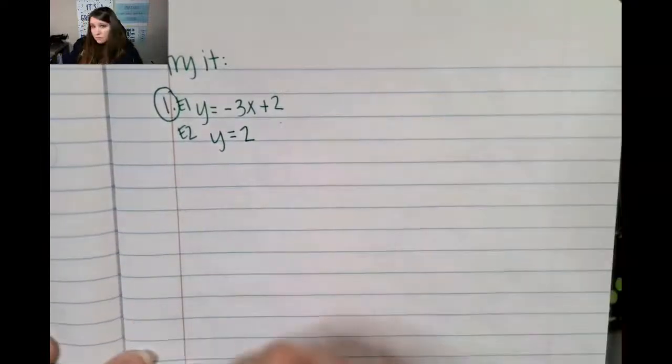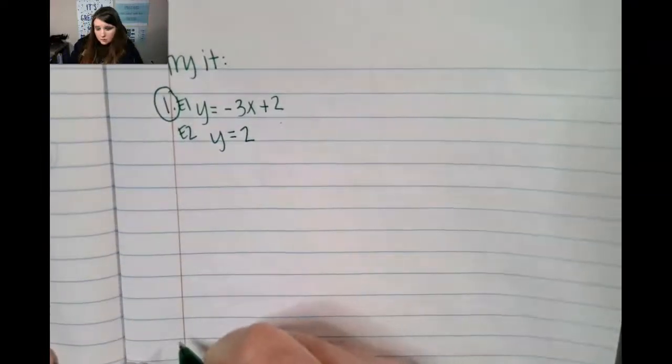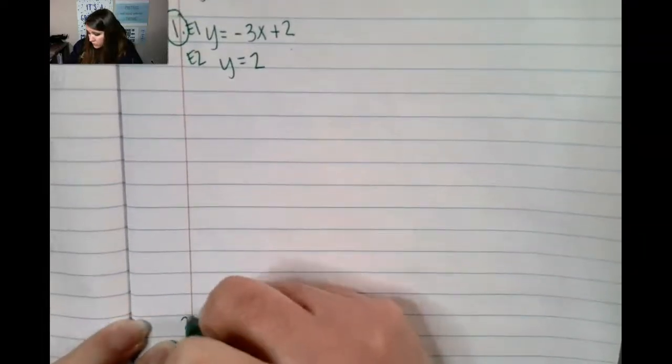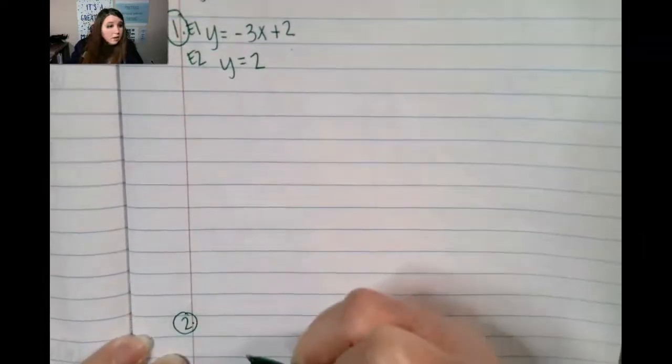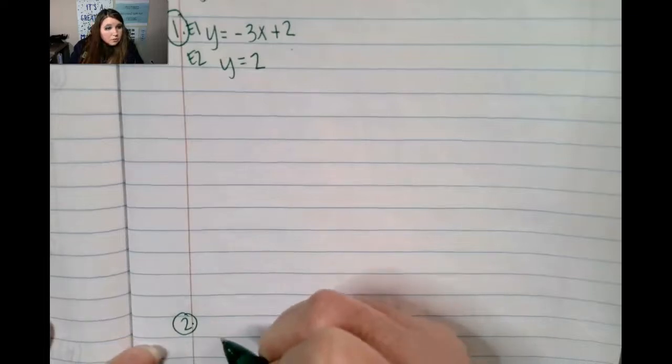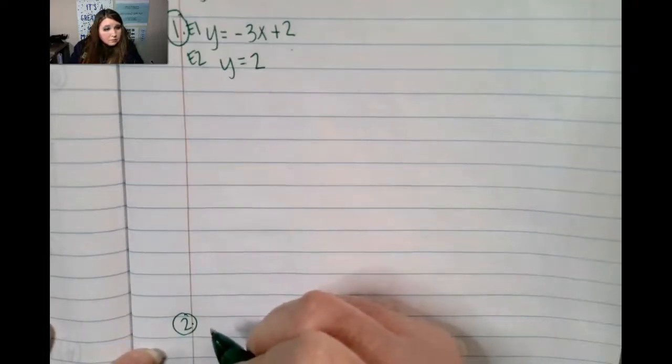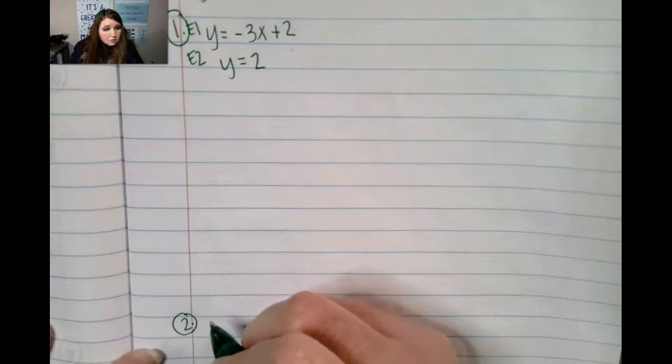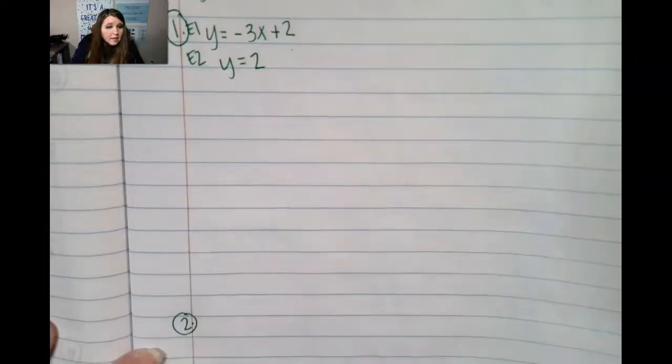And then I'm going to write try-it number 2 down here. And hopefully we have enough space to solve. Okay, so try-it number 2. I don't really like any of those try-its. They always give you mean ones.